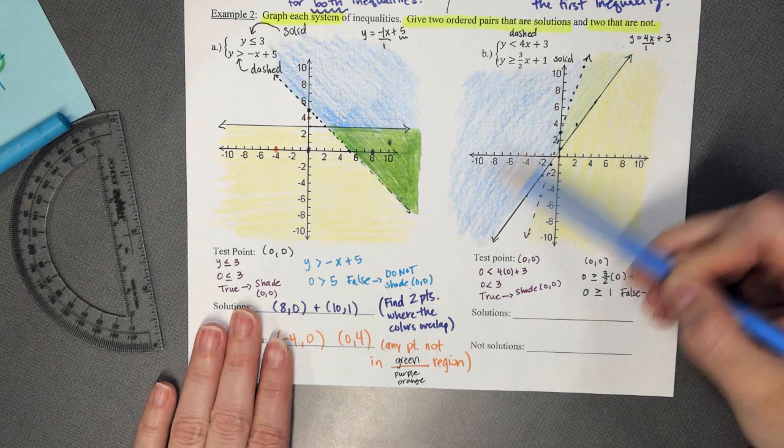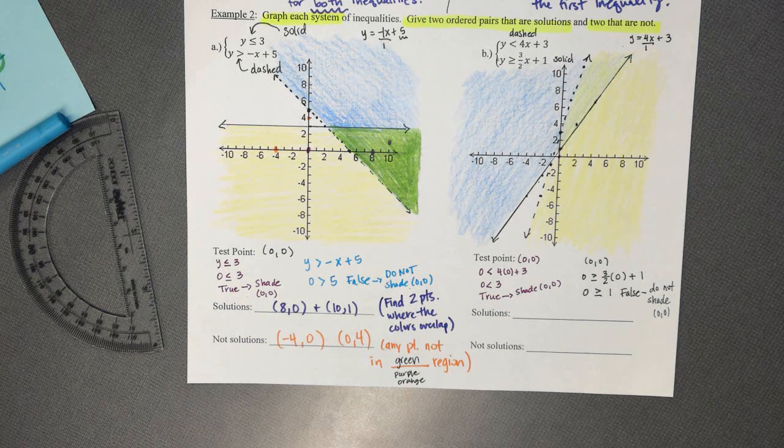And then once you find the area where they overlap, that's what you're going to shade in your third color.